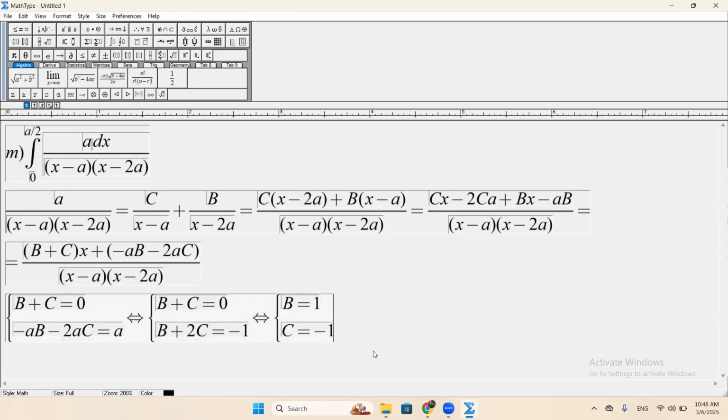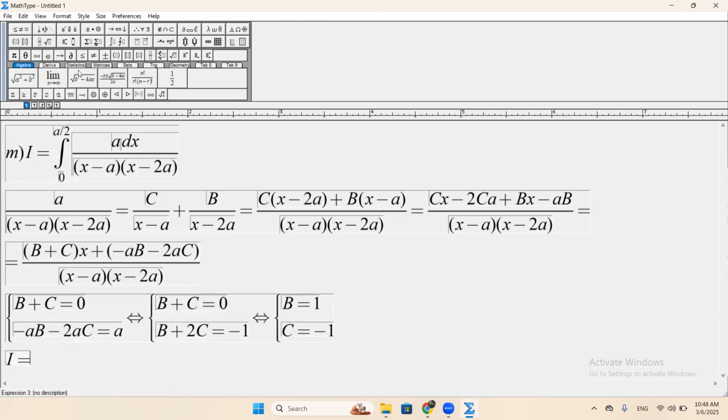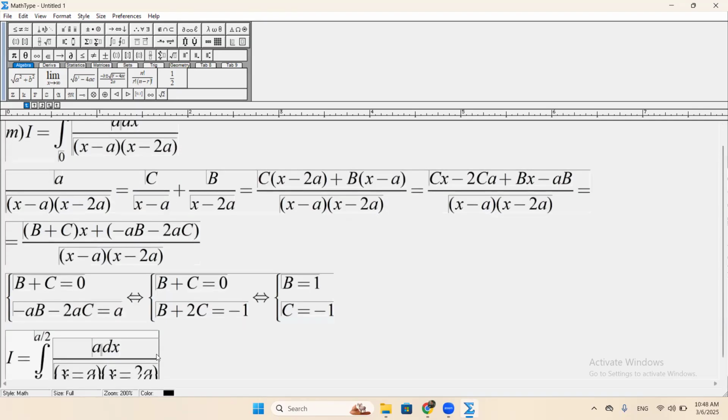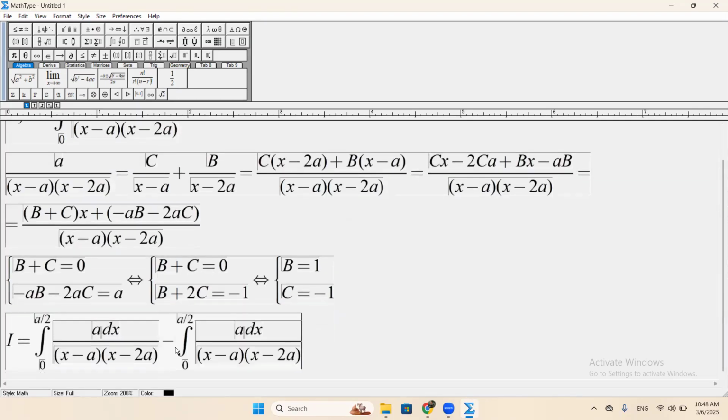Okay, so let's write down the integral. Let me copy and paste, and then we'll remove what we don't need.